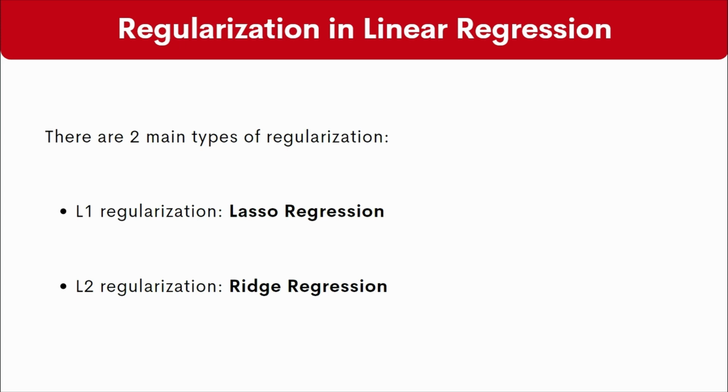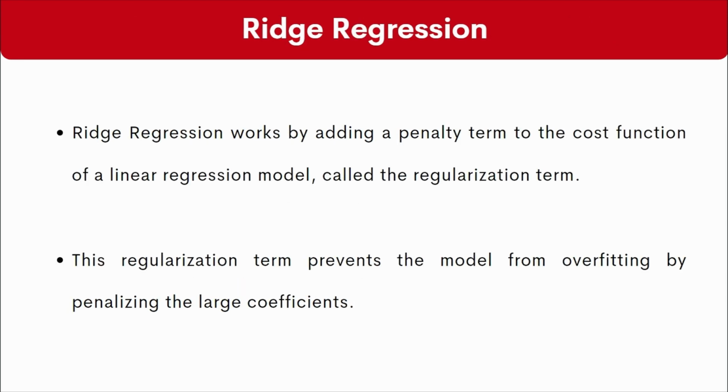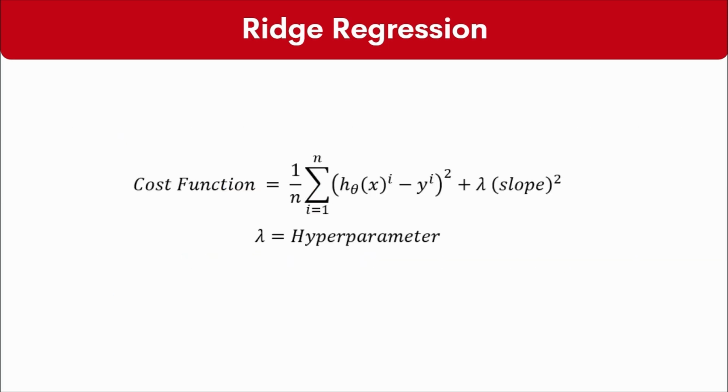One is lasso regression, another one is ridge regression. Lasso regression uses L1 regularization and ridge uses L2 regularization. Talking about ridge regression, it works by adding a penalty term, called the regularization term, to the cost function or error calculation of a linear regression model. This regularization term prevents the model from overfitting by penalizing the large coefficients.